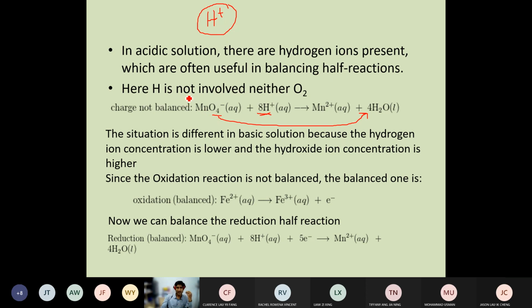No, you are just being told that it is in acidic medium. All right, it is an acidic medium, and that is all. In acidic medium we know there are a lot of hydrogen ions, so that is it.